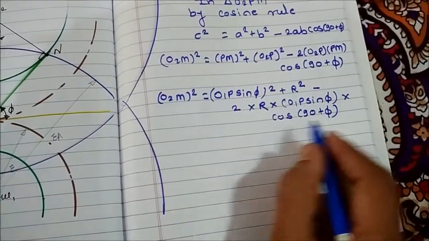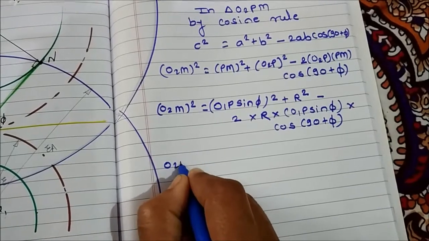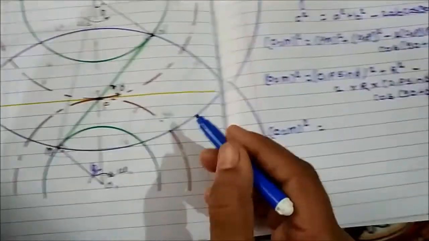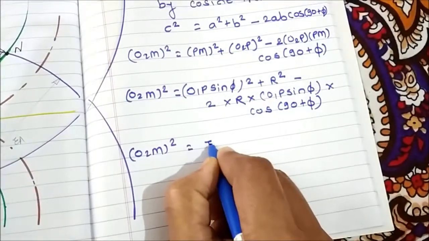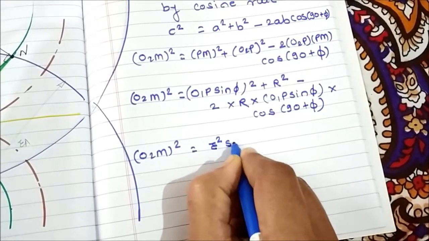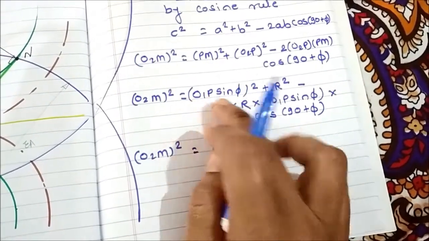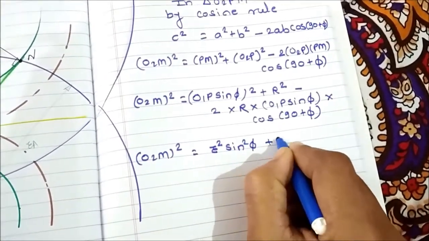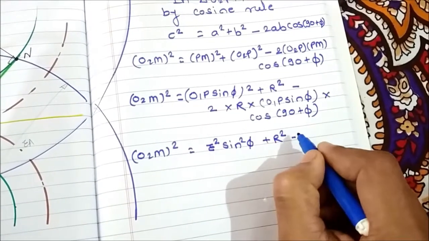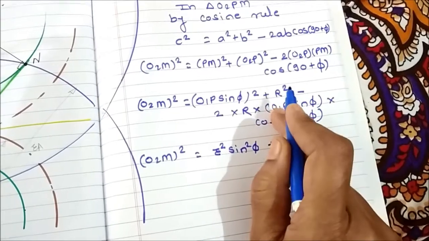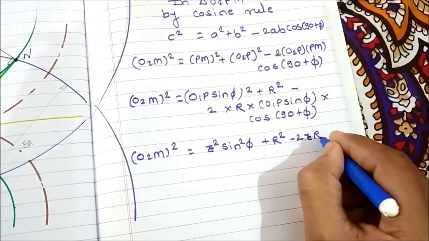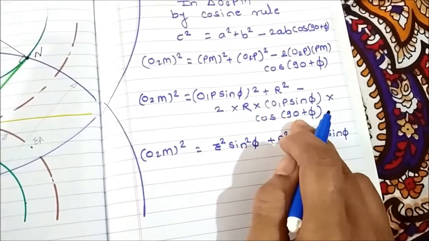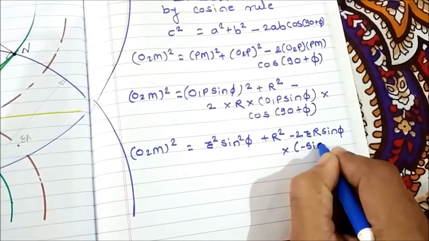Again, O2M square as it is. Now see, O1P is small r. So here we write small r square sine square phi, plus capital R square, minus again 2 into O1P, which is small r, into capital R, into sine phi, into cos of 90 plus phi, which means minus sine phi.